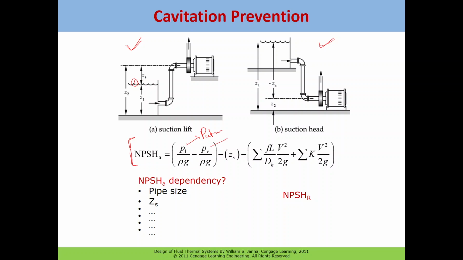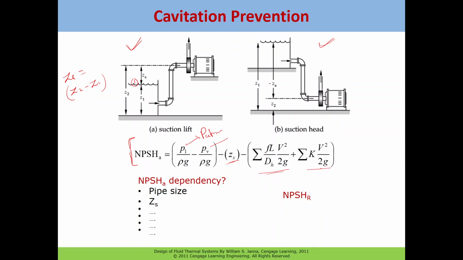And we need PV, the saturation pressure, which depends upon the temperature. If we know the temperature of the flowing fluid, we can go to the thermodynamic table and find the saturation pressure. And from the design schematic we can see Zs, which is Z2 minus Z1.